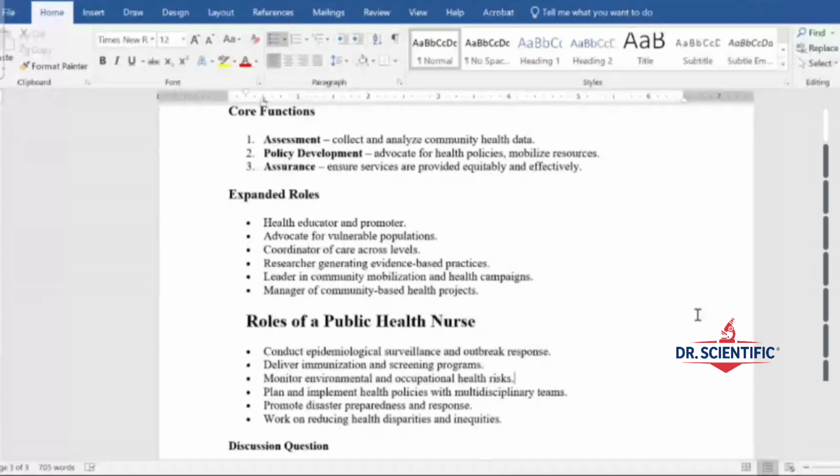Furthermore, in relation to the public health nurse, they also look at the environment to find out if there are any risk factors. Risk factors are, for example, pollution. If there is, it is the work of the public health nurse, in line with the community health nurse, to voice this problem to the relevant body so that appropriate measures can be taken. Another role of the public health nurse is to implement health policies with other teams.